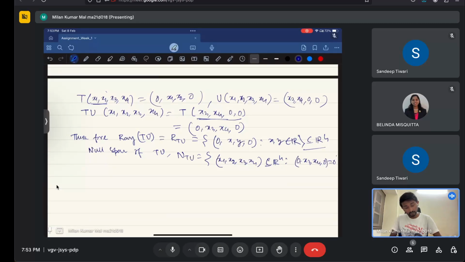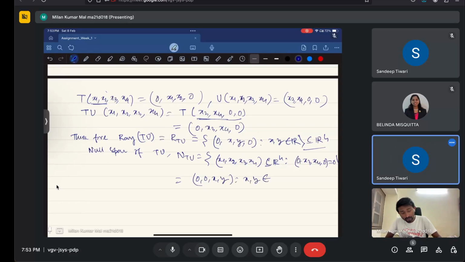So the element will be of the form (x, y, 0, 0). I was just messing up some things. The range of T is this. So for the null space, (x, y, 0, 0), something like this, that element will be right. You are saying this one, right? Yes, sir, that's true. So this is the null space of T.